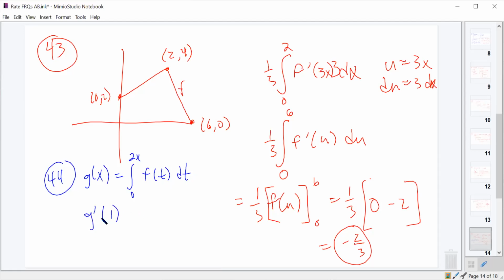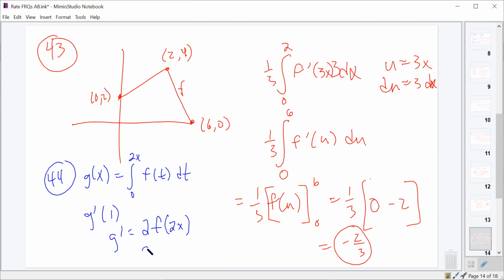Well, the derivative of the integral of a function from a constant to 2x should just be that function evaluated at the value of 2x times the derivative of 2x.